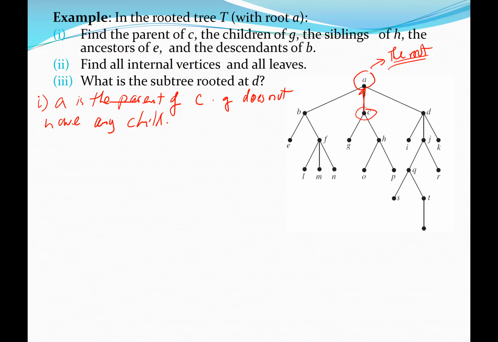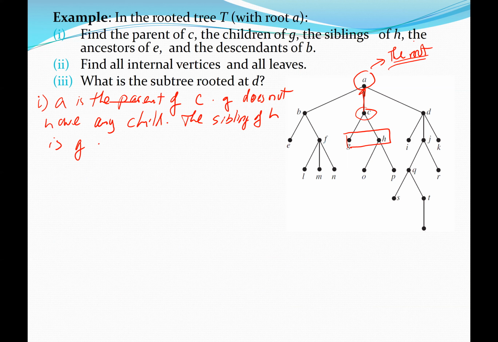The sibling of H. The sibling of H is G, because they are at the same level here, because they share the same parent. So the sibling of H is G. That's the only sibling H has.